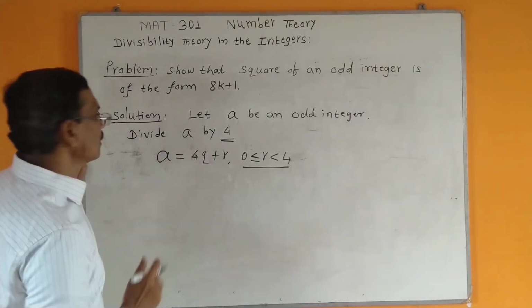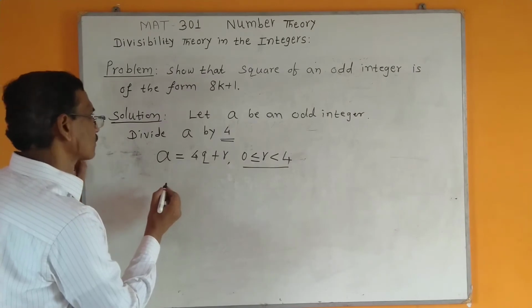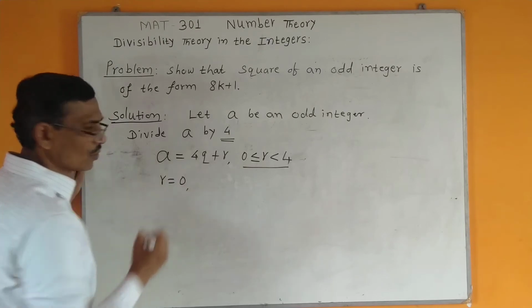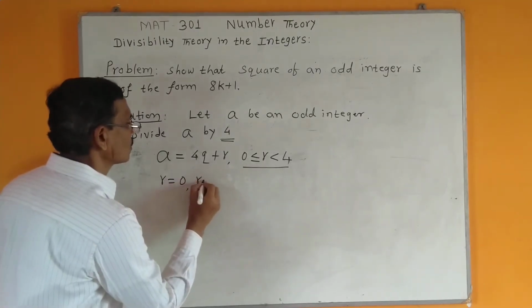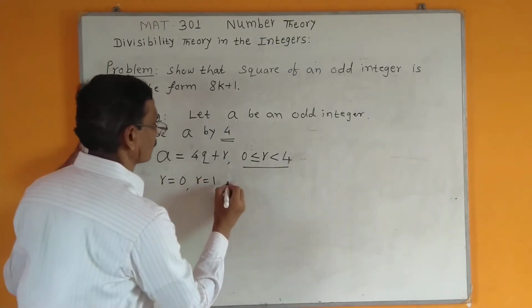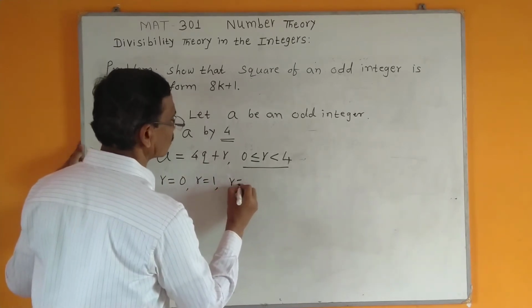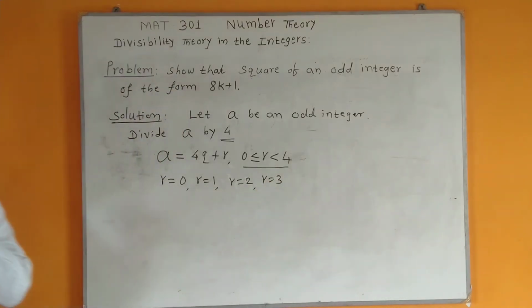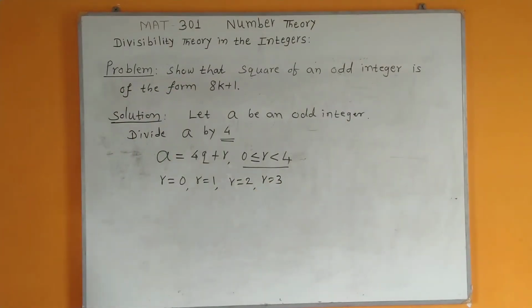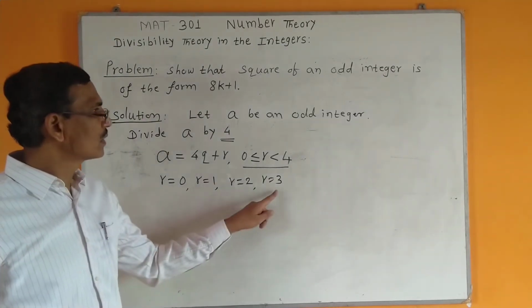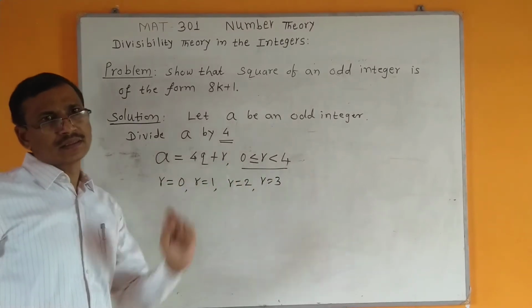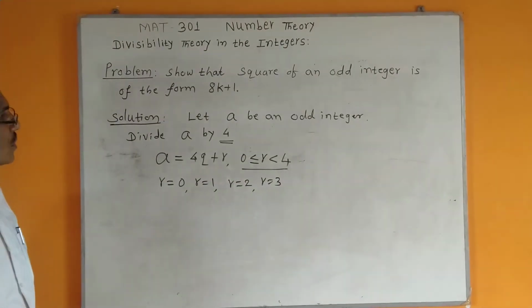And from this expression, we get r is equals to 0, r is equals to 1, r is equals to 2, and r is equals to 3. That means there are 4 values of r from 0 to 3.